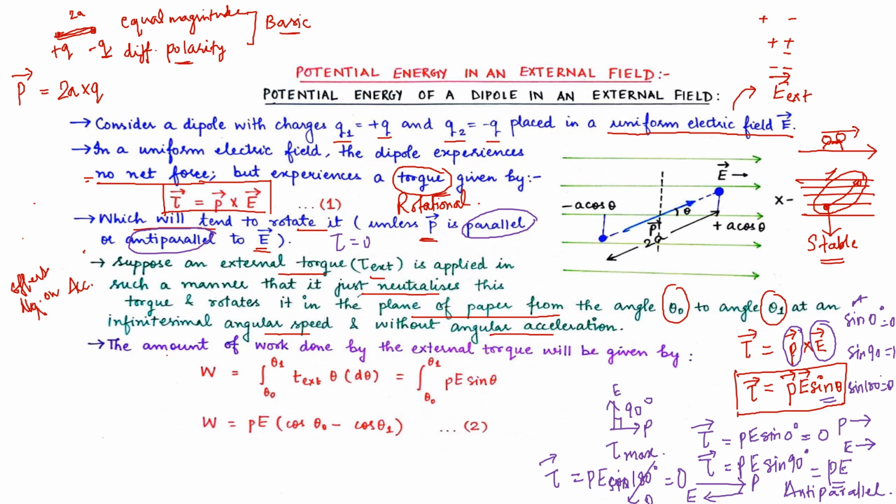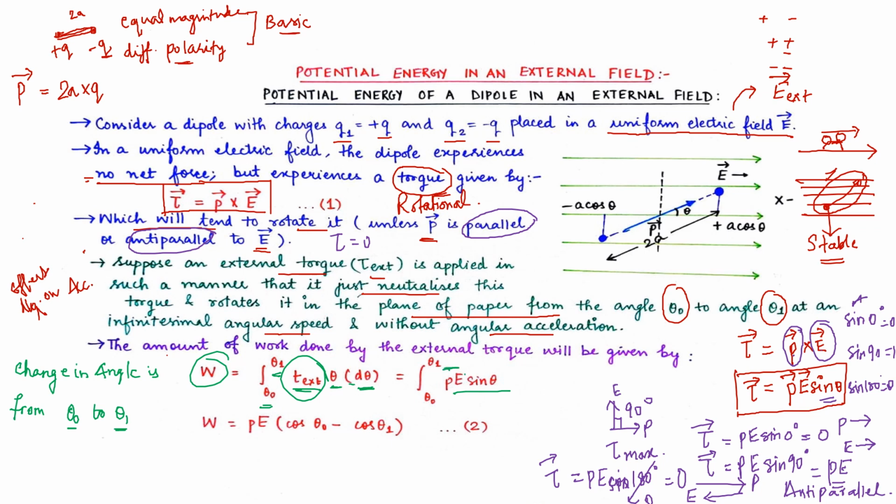Because the change in angle is from theta naught to theta 1, we can integrate from theta naught to theta 1 tau external d theta. Now tau external is given as Pe sin theta.